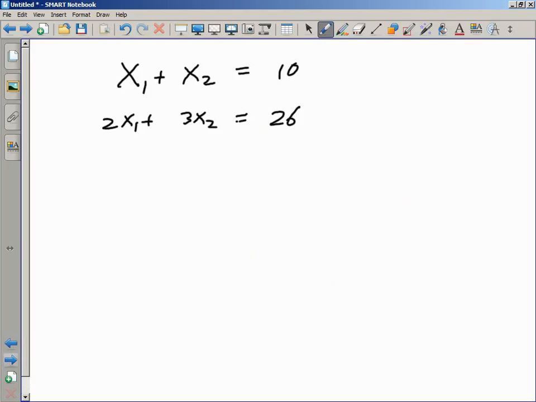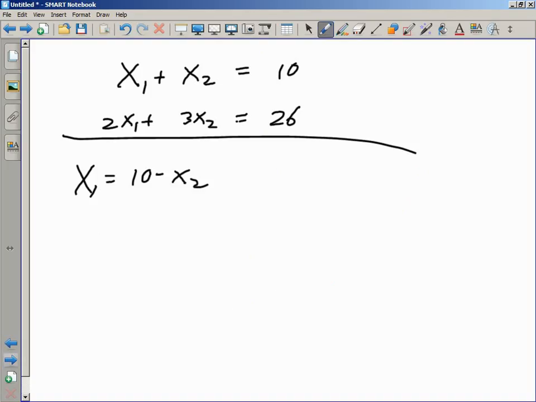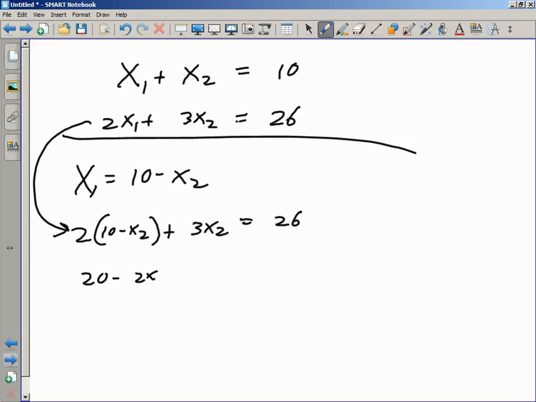Let's do the first way, substitution. I'm going to say x1 is equal to 10 minus x2, right? You agree with that? Then wherever I see an x1, down here, I put 10 minus x2 plus 3x2 is equal to 26. So what do I get? 20 minus 2x2 plus 3x2 is equal to 26.